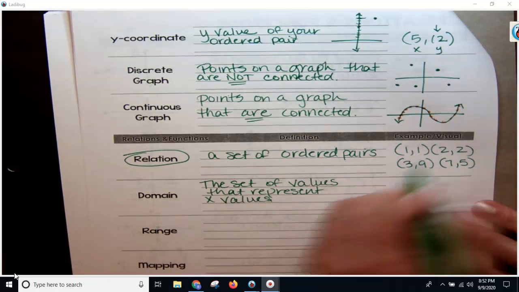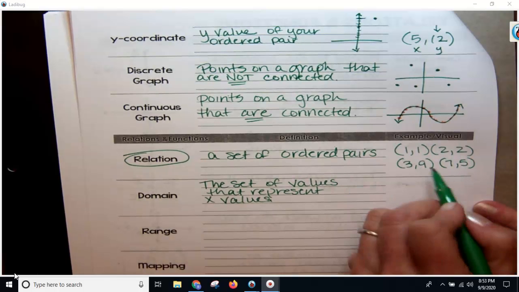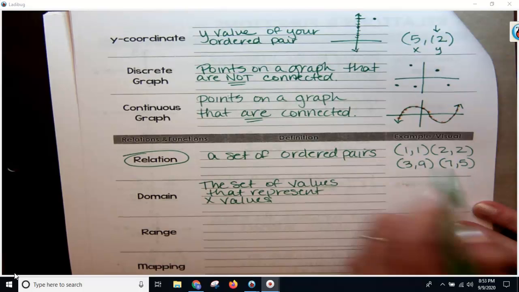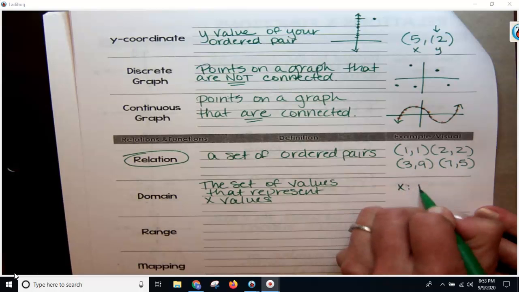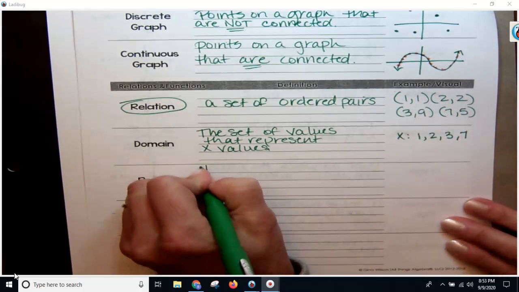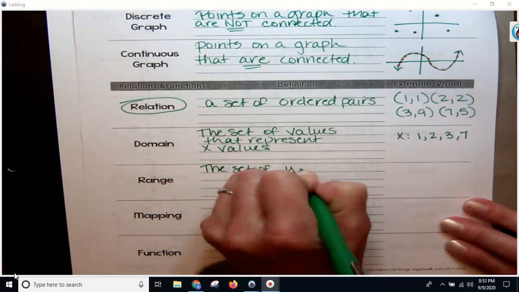And so for an example, in this situation up here, in this relation, your domain would be 1, 2, 3, 7. So it would be x is the set of numbers 1, 2, 3, 7. And then your range would be the set of y values.